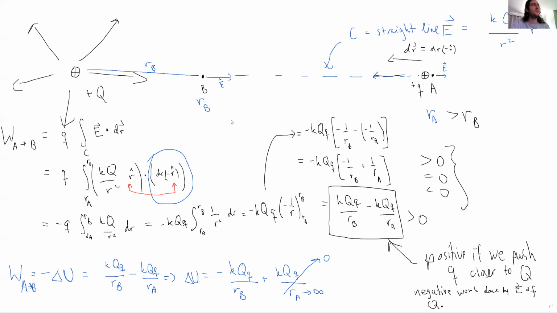So what I should have done, if I use this idea here that dr is in the negative r hat direction, is integrate from r sub b to r sub a. I should have also flipped the order of integration here. That's the mistake right there.